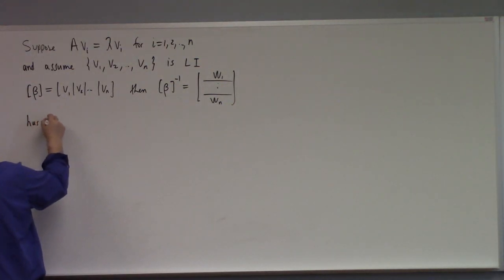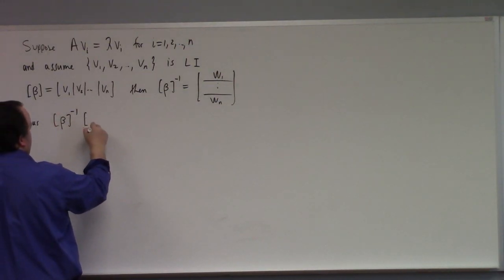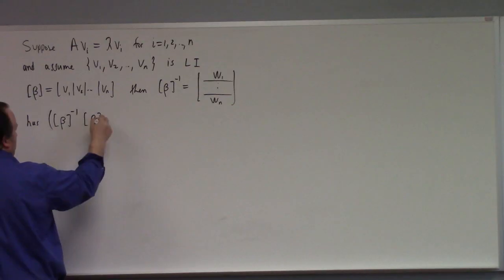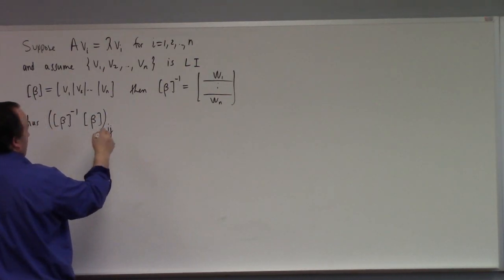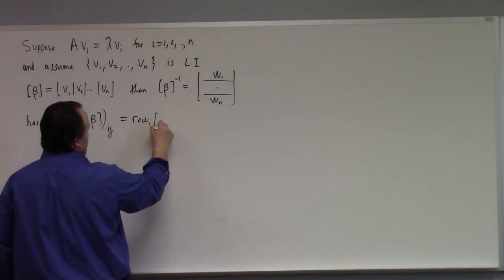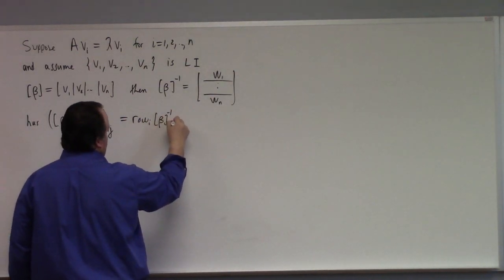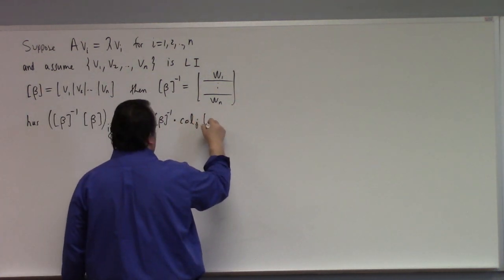If we do beta inverse times beta, how does that work out? We do row i of the inverse matrix dotted with column j of the basis matrix.